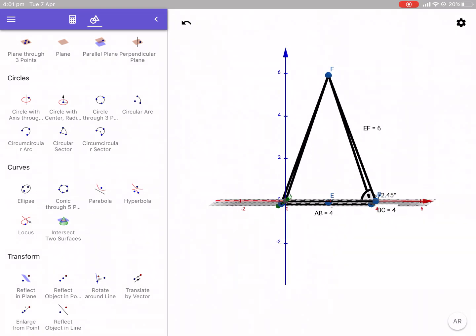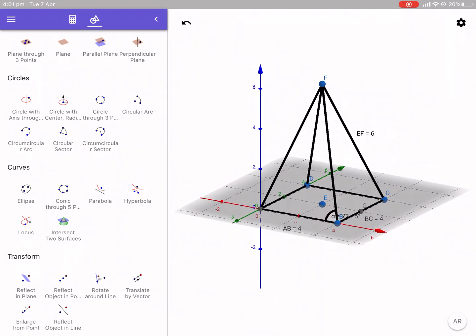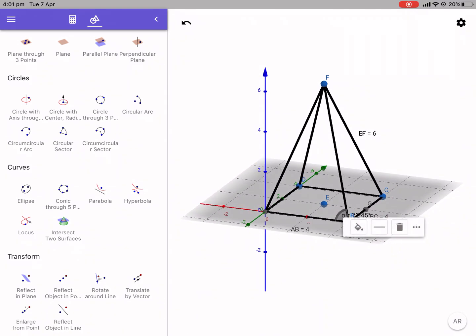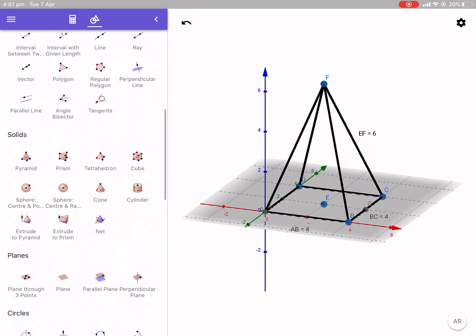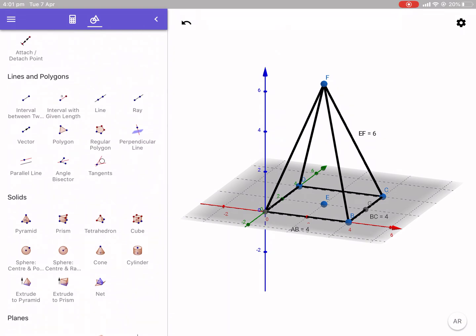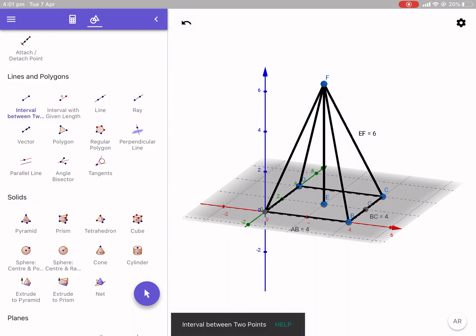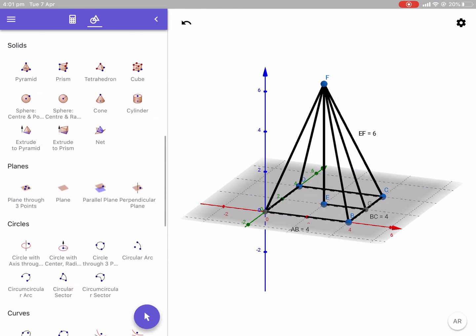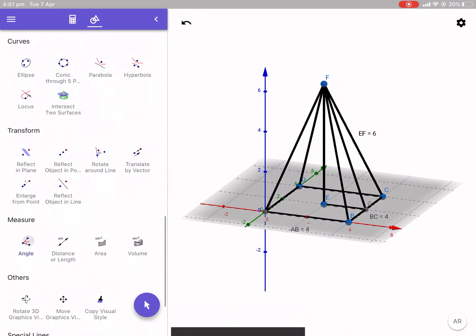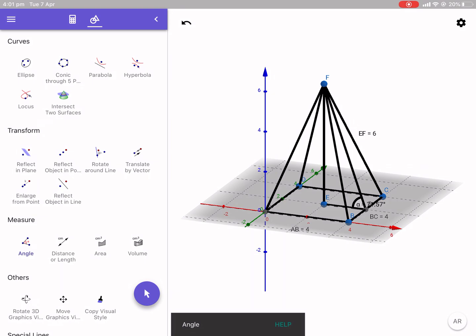This time I want the angle just between one of these lines and the base. So technically the angle we just calculated was the angle in here, that angle there.